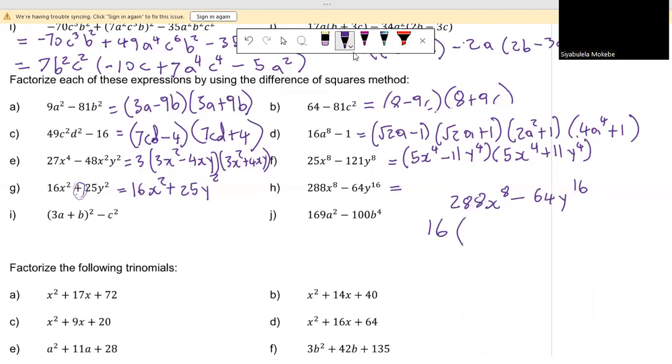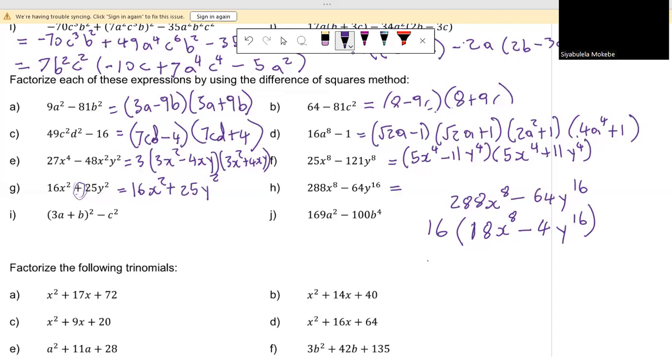If we factor out 16, what do we have left? 288 divided by 16 is 18. So 18x to the 8 minus 64 divided by 16, which we know is 4, y to the 16. Still, 18 is not a square.